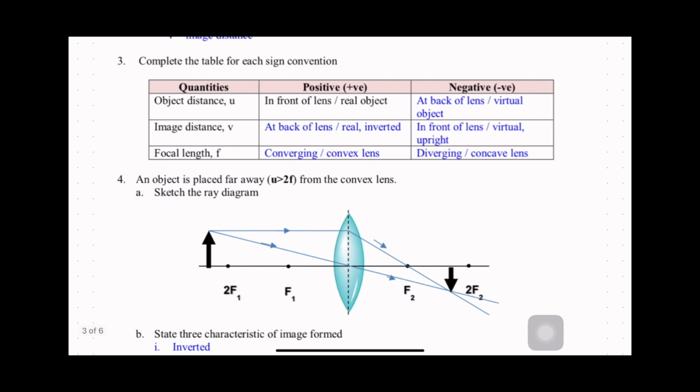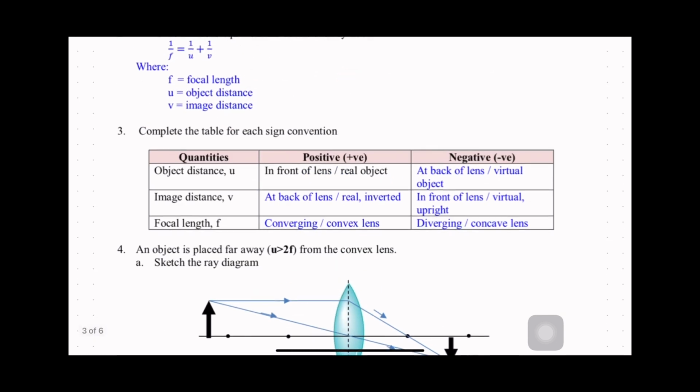Okay, complete the table for each sign convention. Bila case macam ni, you kena tengok notes lah kan, sebab kita tak masuk lagi. Okay, image distance v, kalau dia positif, maksudnya dia adalah real inverted. Sebab lens ni dia adalah refraction. Refraction maksudnya kalau objek dekat sini, image mesti duduk belakang, baru dia adalah real. Sebab dia hukum dia adalah refract. Refract means dia kena tembus.